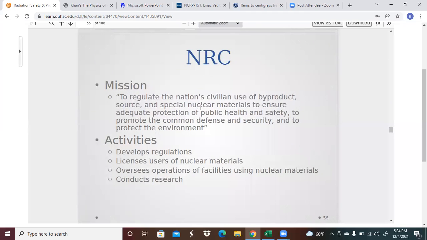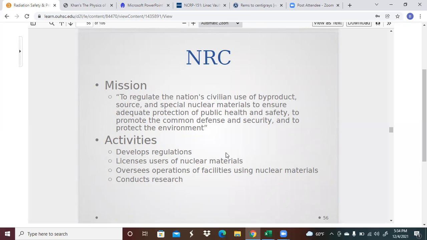The NRC is to regulate the nation's civilian use of byproduct, source, and special nuclear materials to ensure adequate protection of public health and safety, to promote the common defense and security, and to protect the environment.